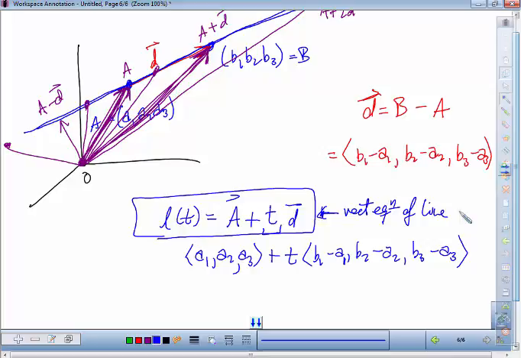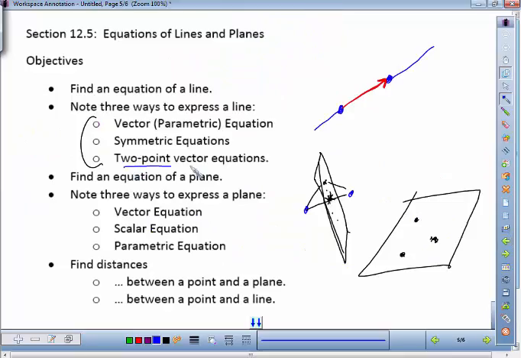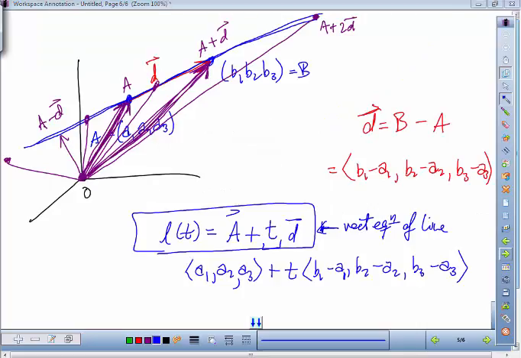What we're doing here actually is that third objective where we're trying to find a 2-point vector equation of the line. So this is a vector equation up here, and now I'm carrying out the vector manipulation to see if we can look at it from a slightly different point of view.